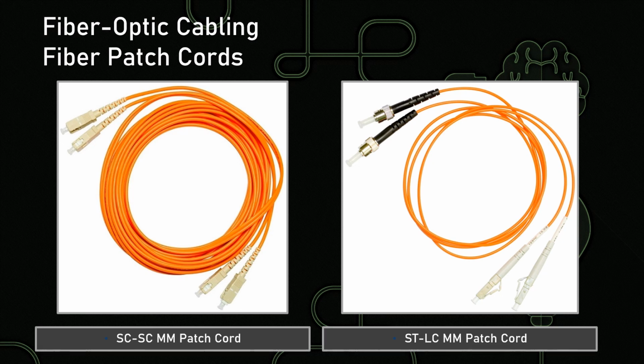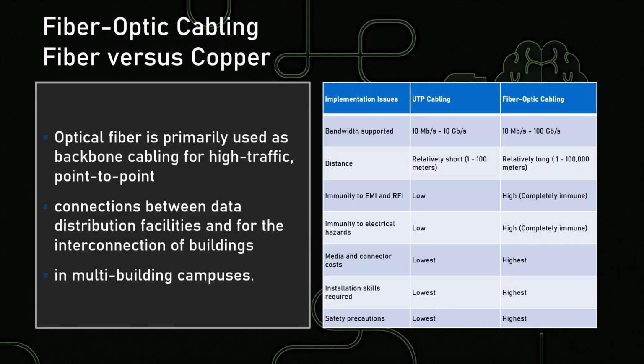Notice that it's orange. And then the straight tip to Lucent multi-mode patch cord. So whenever we see yellow, of course, you will think of single mode, whereas with the orange, you will think of multi-mode. And I believe aqua is also a multi-mode type that can be used.